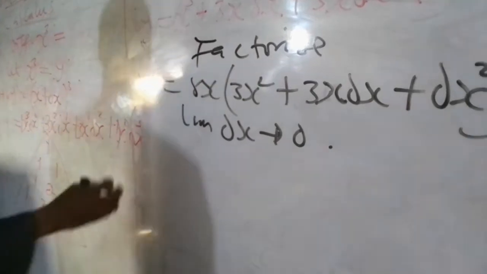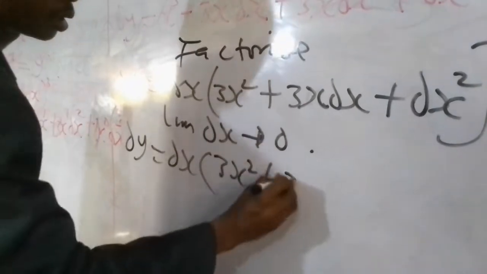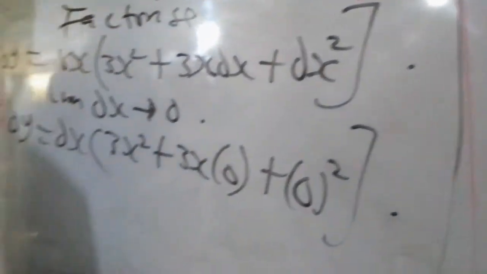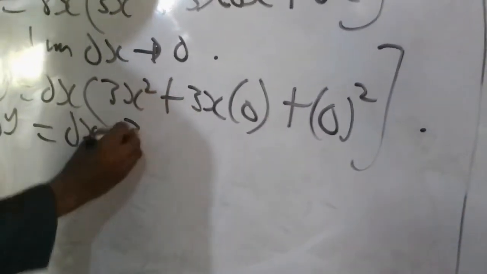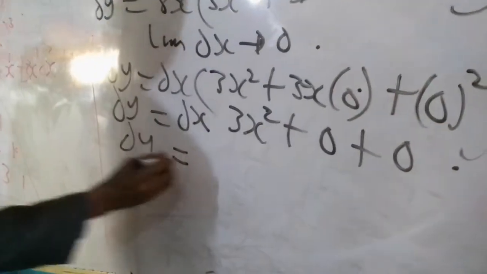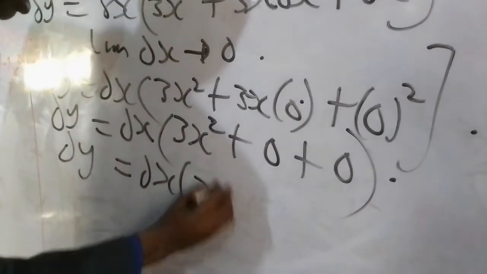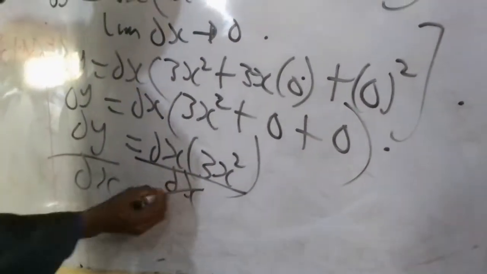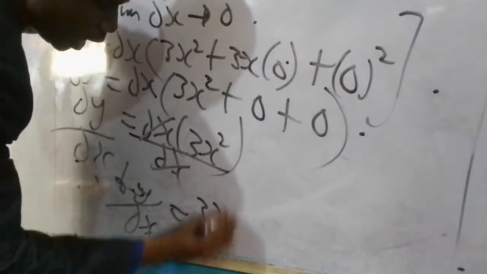Anywhere we see delta x, put it as 0. Delta y is equal to delta x into 3x squared plus 3x into 0 plus 0 squared, which gives delta x into 3x squared. Divide both sides by delta x. Therefore dy over dx is equal to 3x squared.